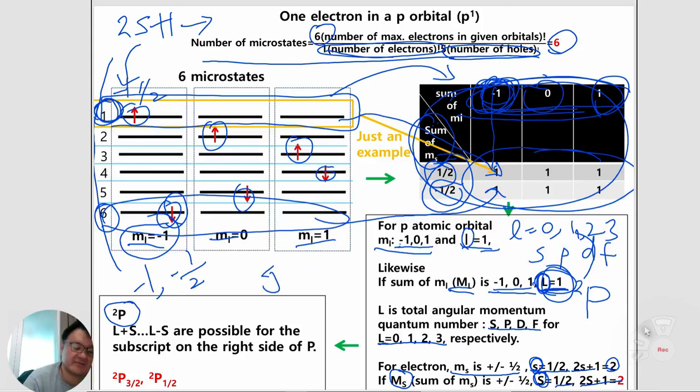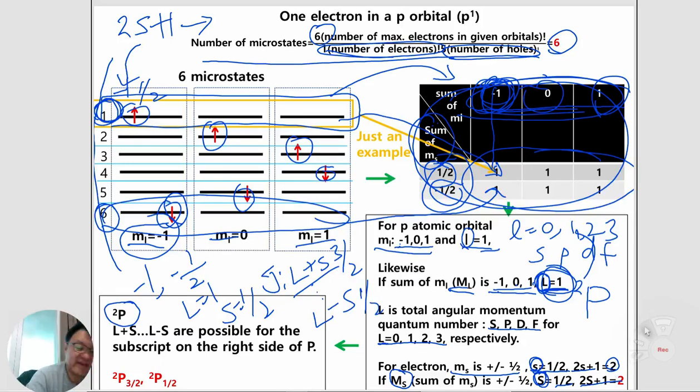J is the quantum number representing the spin-orbit coupling. So it goes L plus S, L plus S minus 1, minus 2, and it can go down to L minus S. Now, in our case, in this table, L is 1 and capital S is half. So L plus S is 3 half, and L minus S is 1 half.